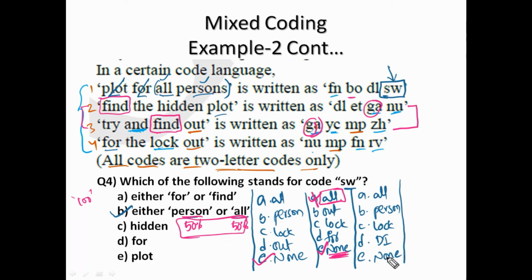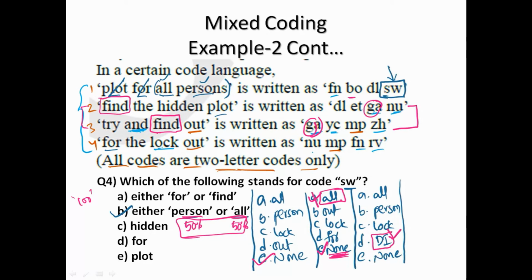But remember, our answer is not a single answer. Either persons or all is a possible answer. It is not a confirmed or definite answer. To find the definite answer, is the data sufficient? No, sir. We need some more data to confirm the answer. So to confirm any one between these two, we need some more data. Here our problem is data insufficient or data inadequate.